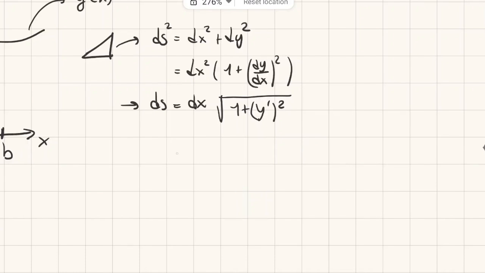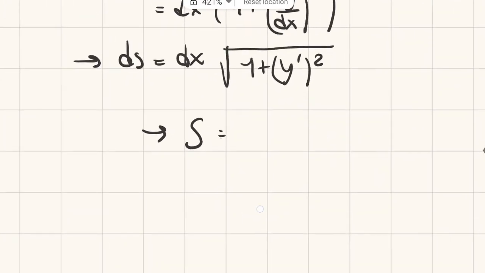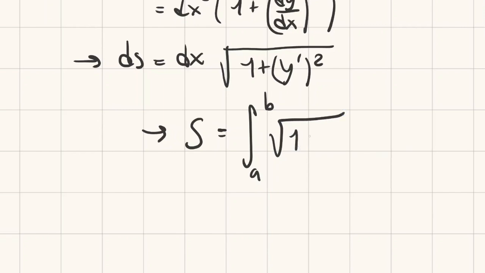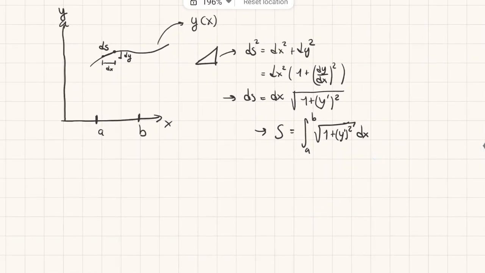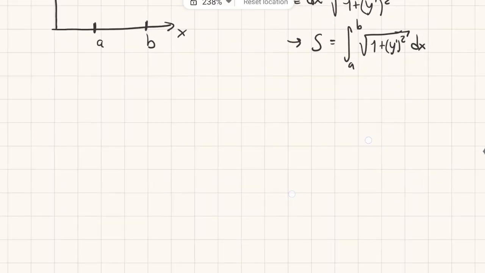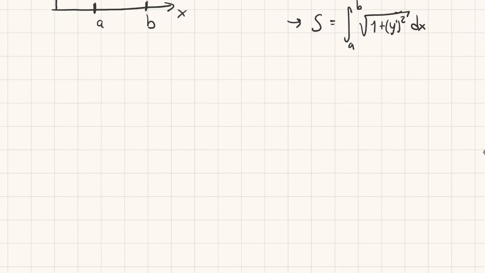And then you know that if we take the integral from a to b, we will get the length of the curve that we wanted to find, right? So this is the integral from a to b of the square root of 1 plus y prime squared dx.